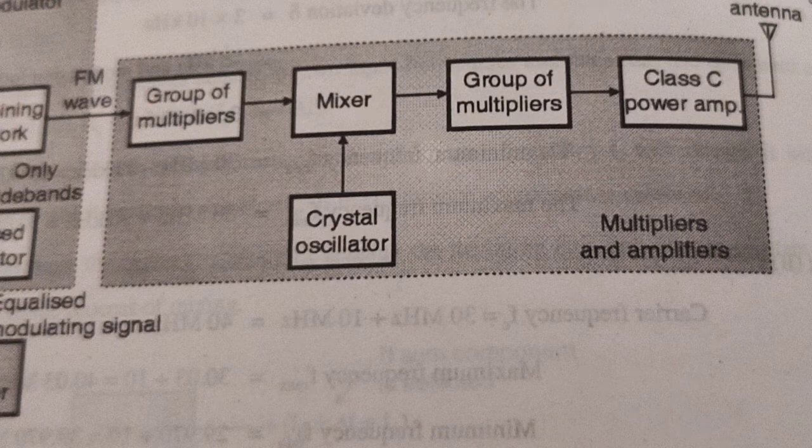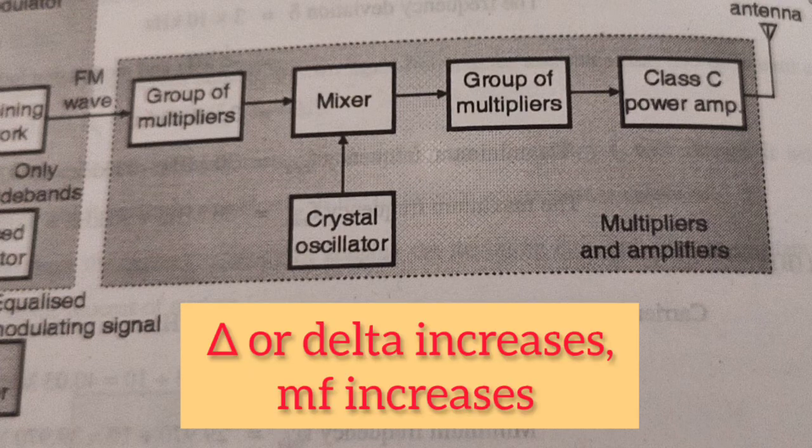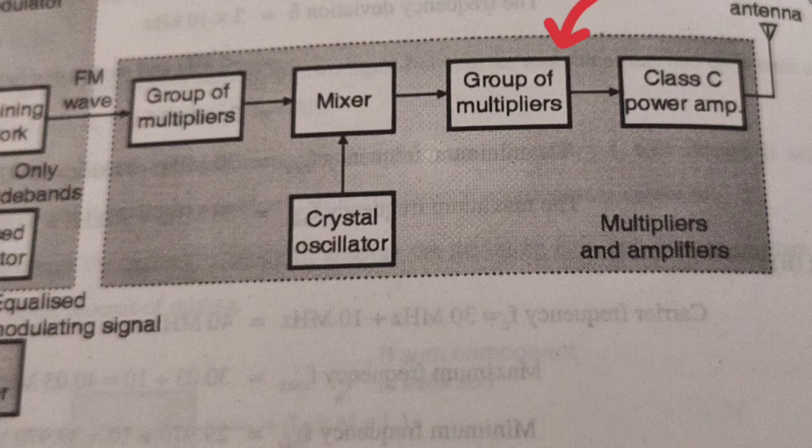The carrier frequency is then increased by using a mixer, and then FC and MF both are increased to the required high values using the second group of multipliers. By the effect of multiplication and mixing, we increase the frequency and modulation index.